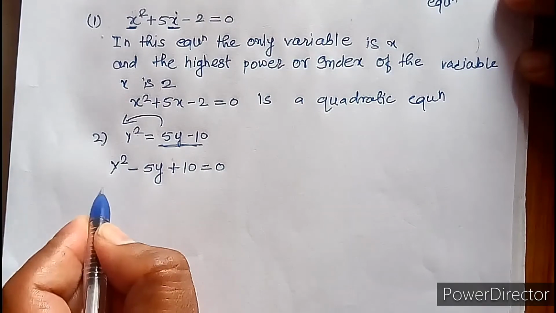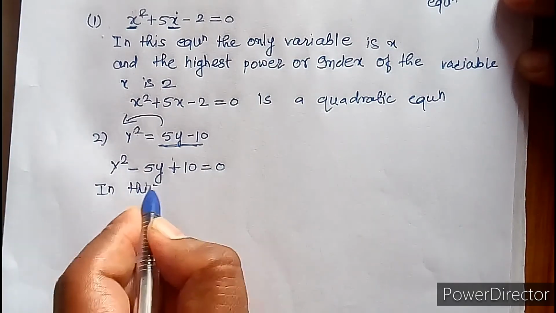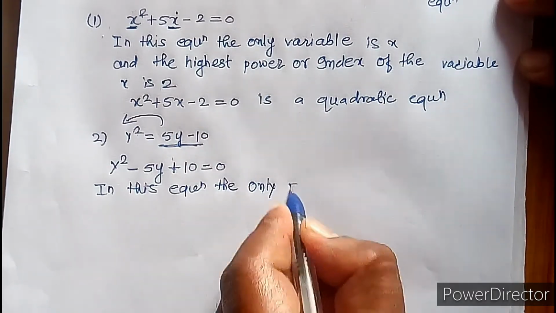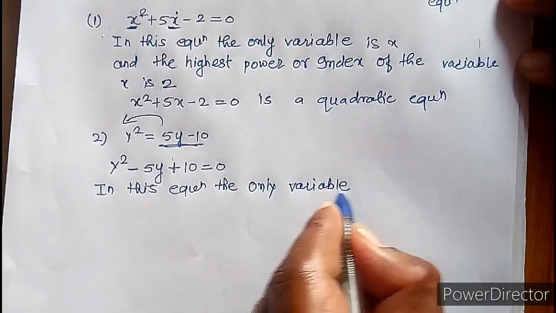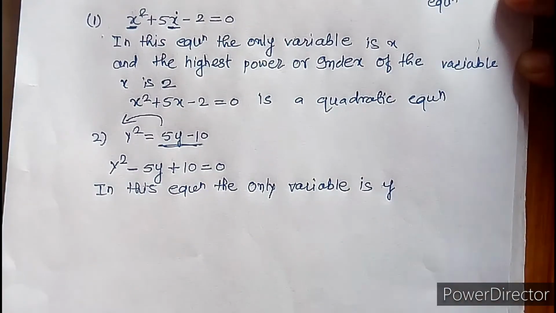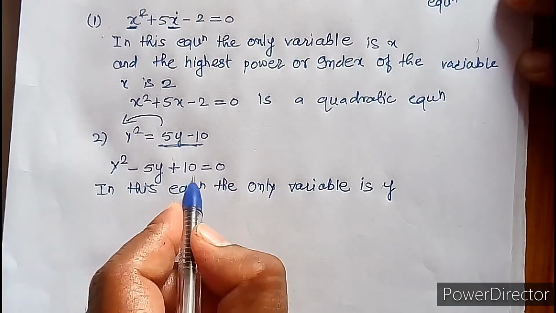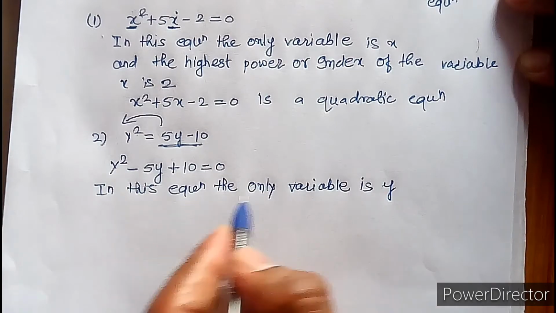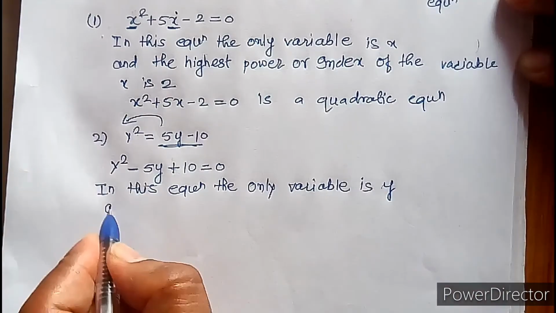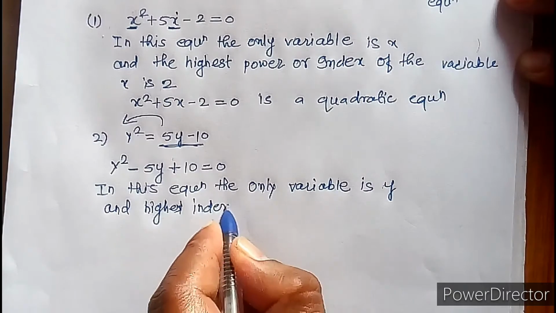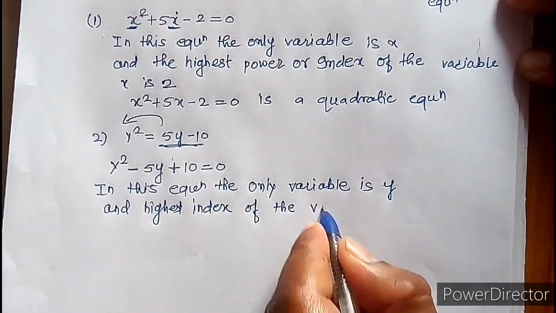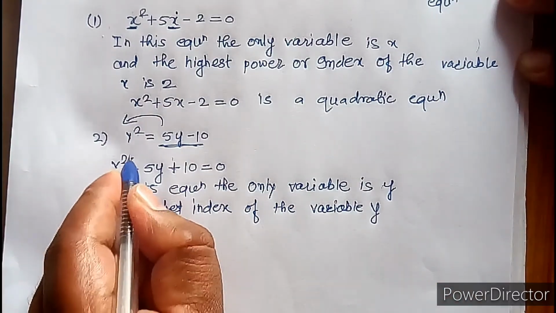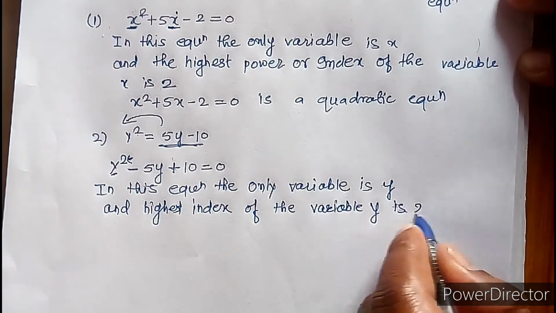Now here in this equation, the only variable is y. This equation is made up of only y variable, therefore the only variable is y, and the highest index of the variable y is 2.